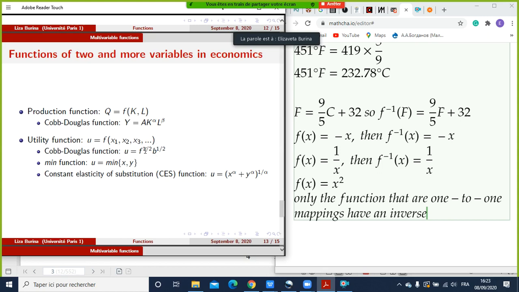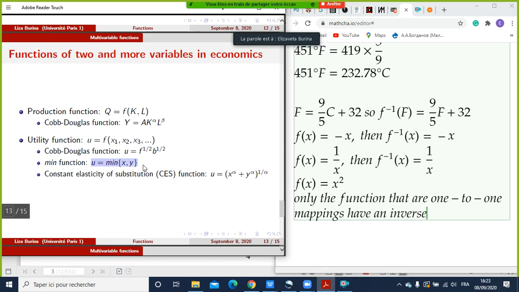Here you can see that we have 1/2 and 1/2, so they sum up to 1. This is the best, sweetest Cobb-Douglas function, and it's nice to find the derivative of. You'll get to it.